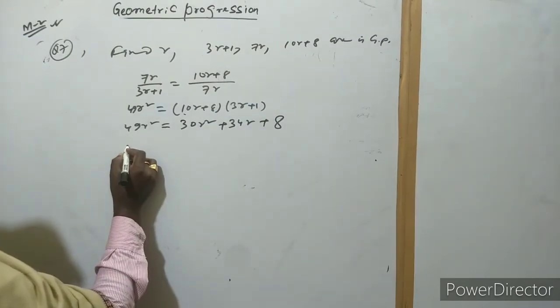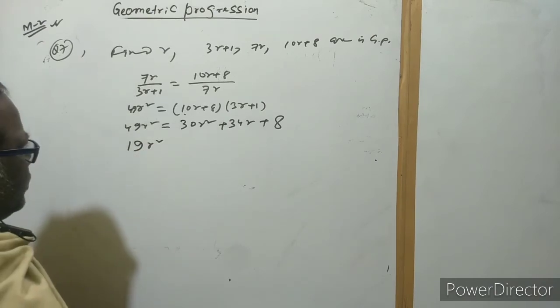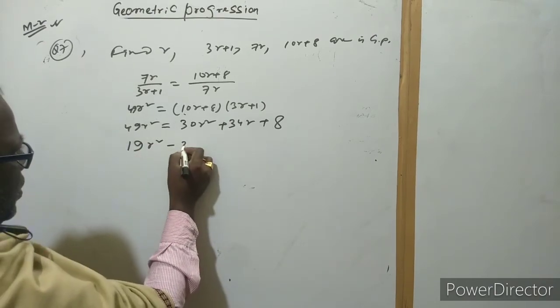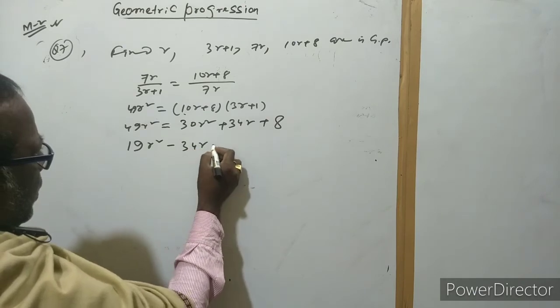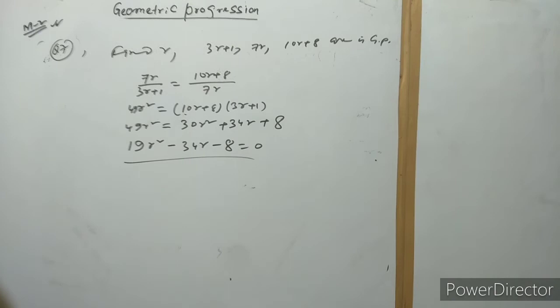If we subtract this, we get here 19r square minus 34r minus 8 equal to 0. We can easily find the value of r from the middle factor. So you know the solution here.